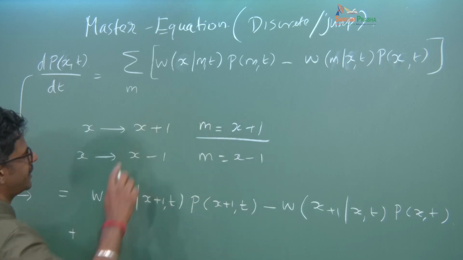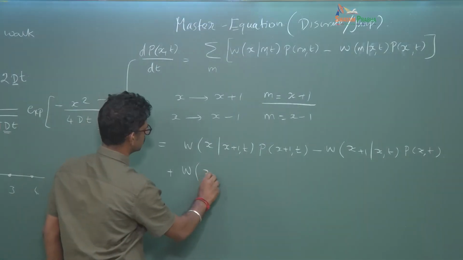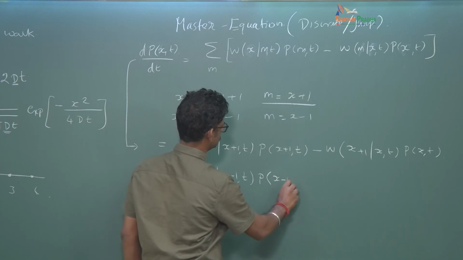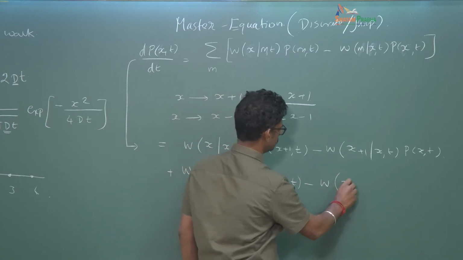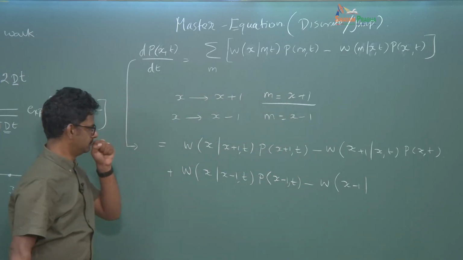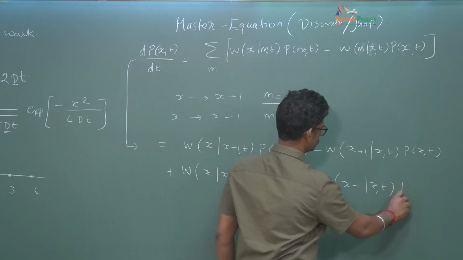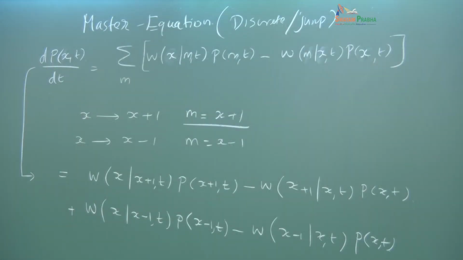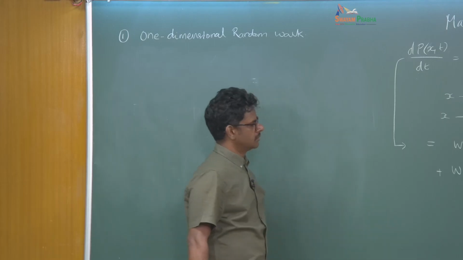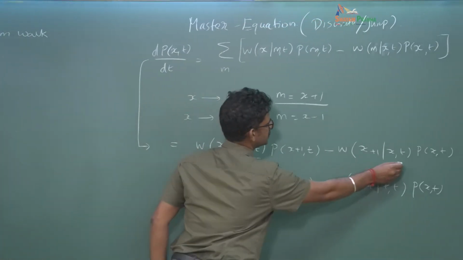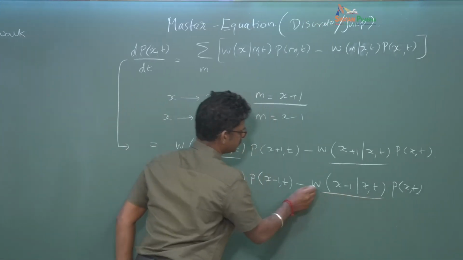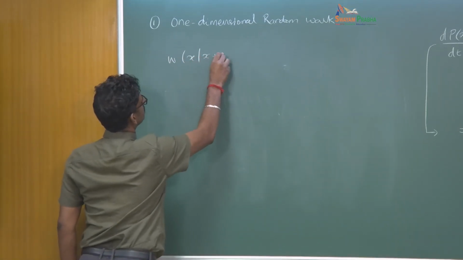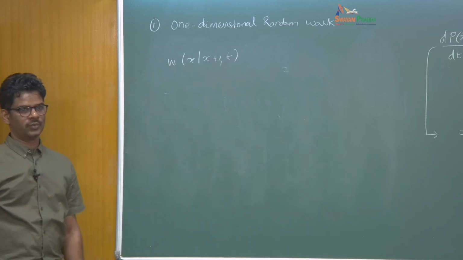Then we have m is equal to x minus 1. So now we have to deal with these rate constants, right? We need to define these.